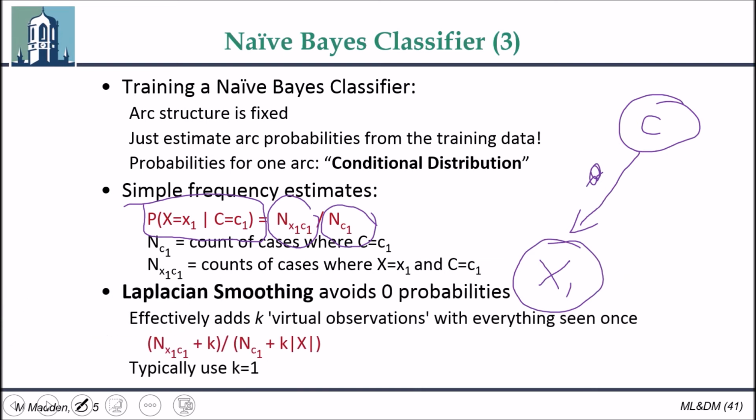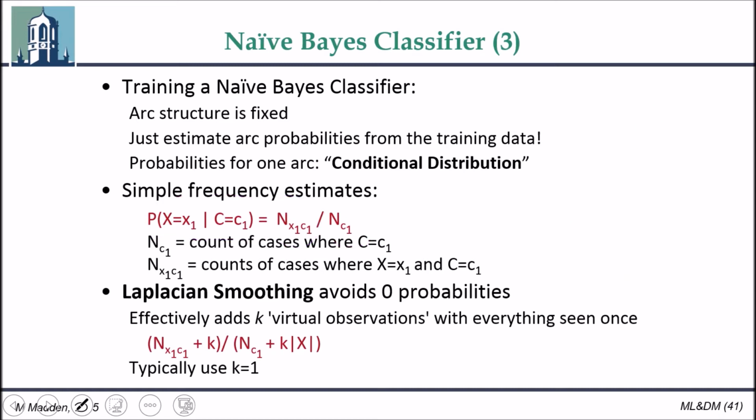One thing I'll mention before we go working on a specific example is there's an idea called Laplacian smoothing. What we will discover soon is that in these counts you might often find situations where in your training data all possible combinations of variables that you want just don't actually occur.